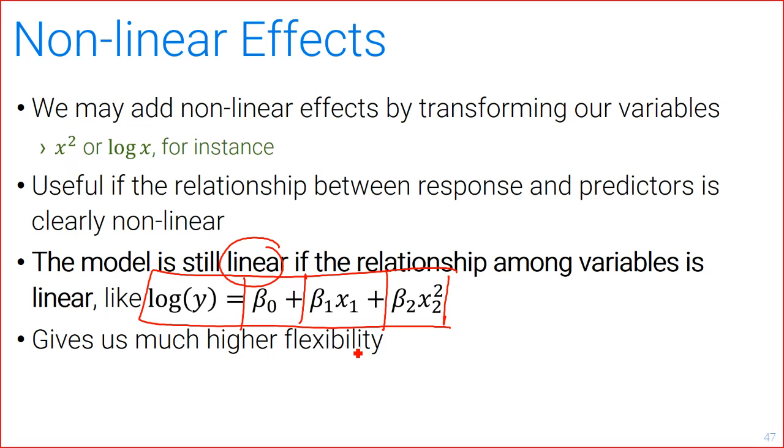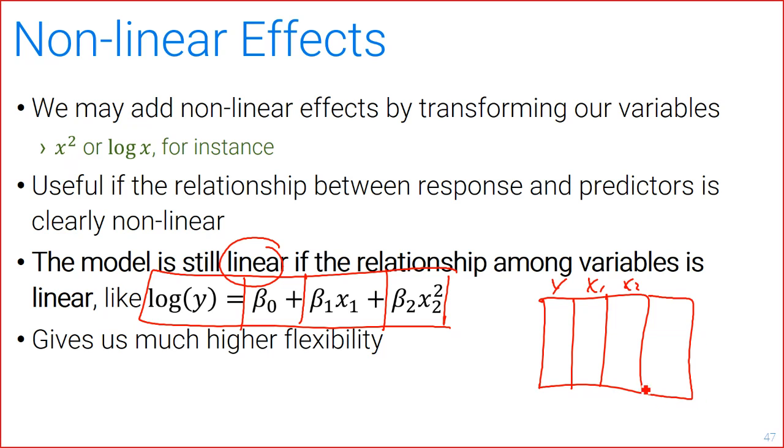And if you're still not convinced, just imagine we have a table of data. We have the response, x1 and x2. If you include this x2 squared in the model, it would be just the same as having this other variable, x3, that equals x2 squared.